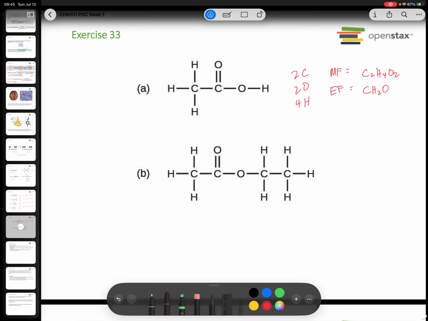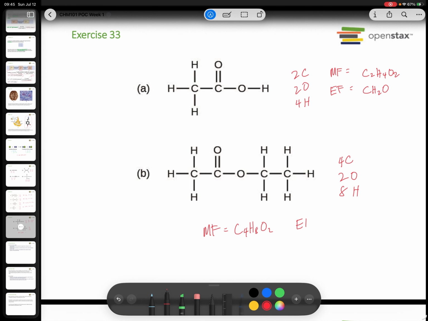So for part B, we have the molecular formula of, wait lang, bilangin muna natin yung carbon atoms. We have 4 carbon atoms, 2 oxygen atoms, 3, 4, 5, 6, 7, 8 hydrogen atoms. Okay? So molecular formula nito ay C4H8O2.